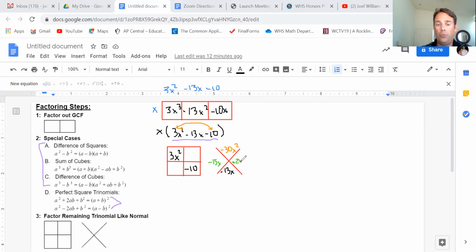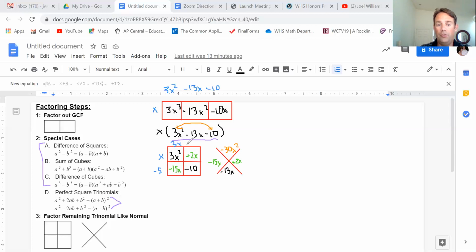So those 2 terms we came up with go into the box. From there, we factor out the greatest common factor of every row and every column. This one has just a single x. This one would have a negative 5. Then we have a 3x squared and the negative 15x, so that's going to be a positive 3x.